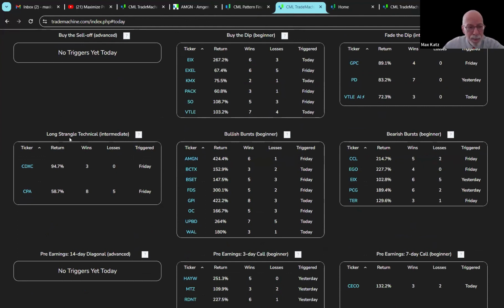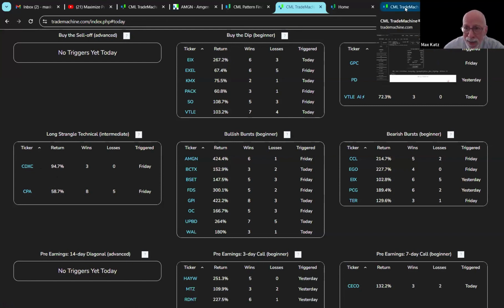And the other one has bearish components, and that would be the long strangle technical, where you're buying both, I believe the default is a 40 delta put and a 40 delta call. You're basically buying volatility because you think there's going to be a big move. You're not sure which direction, but this is both a bearish and a bullish trade, the long strangle technical.